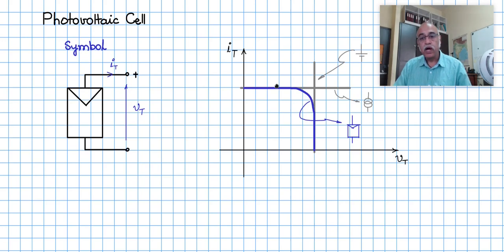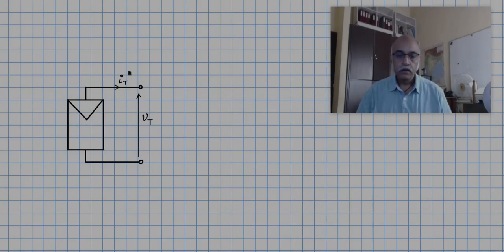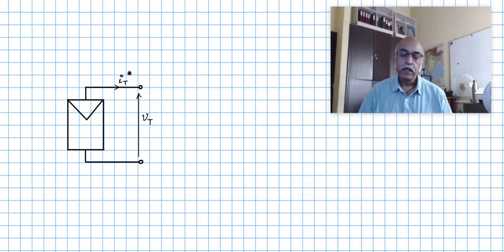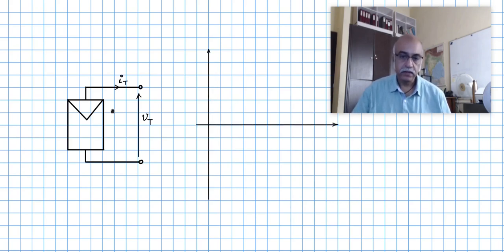Okay. So how did we get this characteristic? Let us study the photovoltaic cell a bit more in detail and arrive at the model of the photovoltaic cell. So let us consider this solar PV cell, and let me put down the IV characteristic XY axis only.